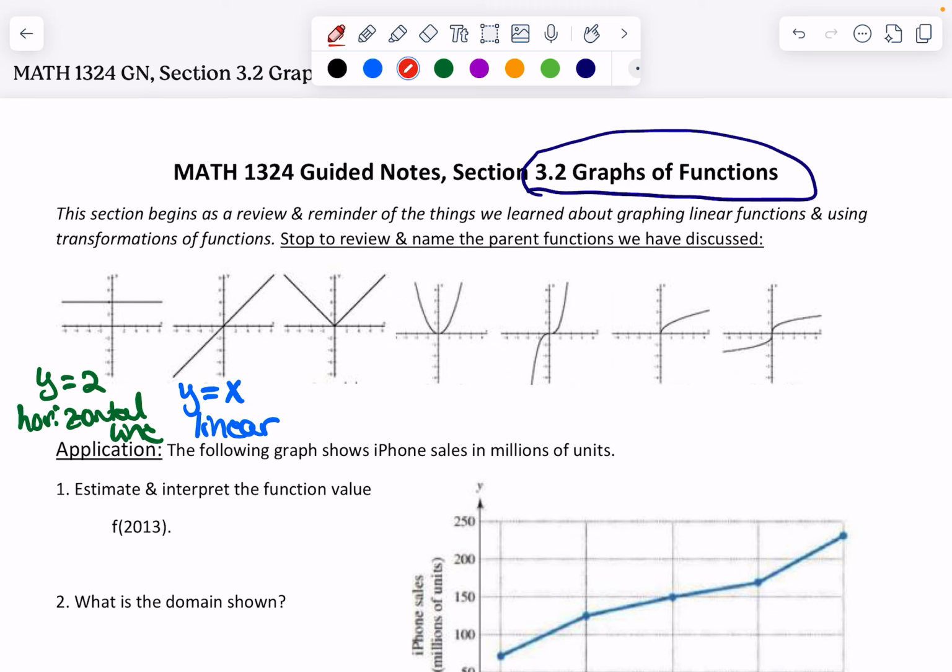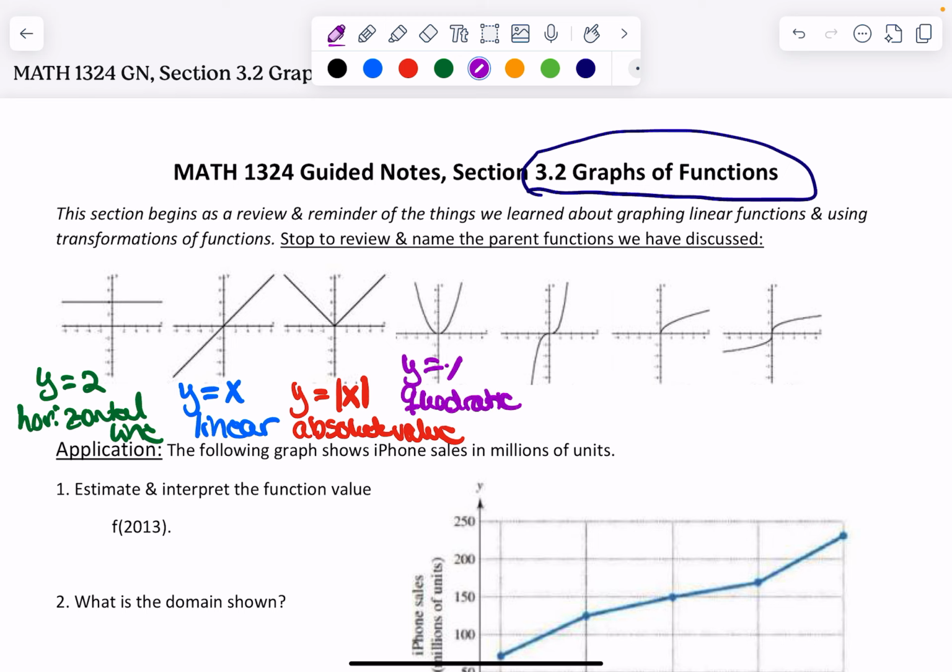Next one is the absolute value function. So y equals the absolute value of x. Next one is our quadratic function, y equals x squared.